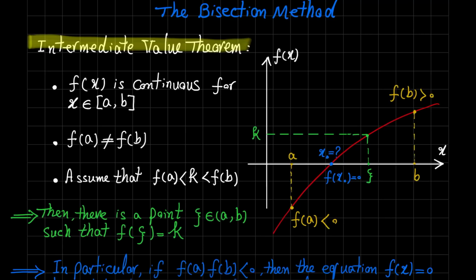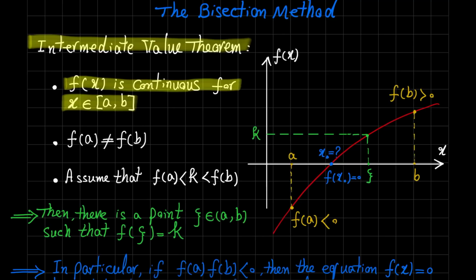Assume that we have a function f(x) which is continuous on the interval [a, b]. Here you see the function. The red curve is the function f(x), and it is continuous between a and b in this graph.